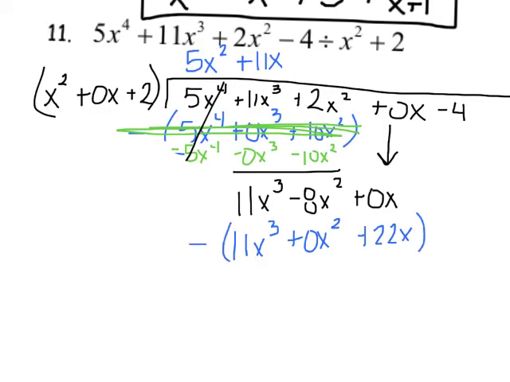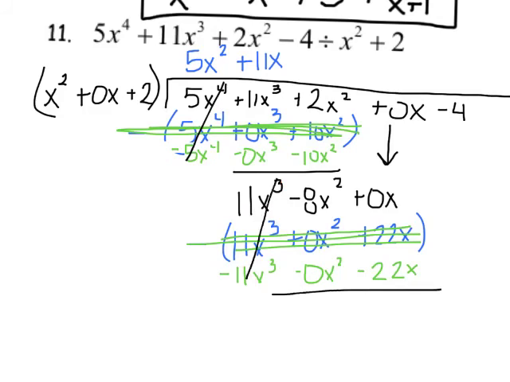I am going to distribute that, so minus 11x cubed minus 0x squared minus 22x. So 11 minus 11 goes away. Negative 8 minus 0 makes negative 8. And 0 minus 22 makes minus 22. Bring down minus 4.